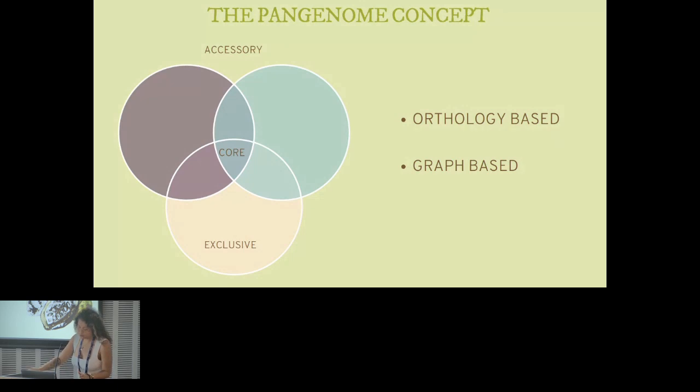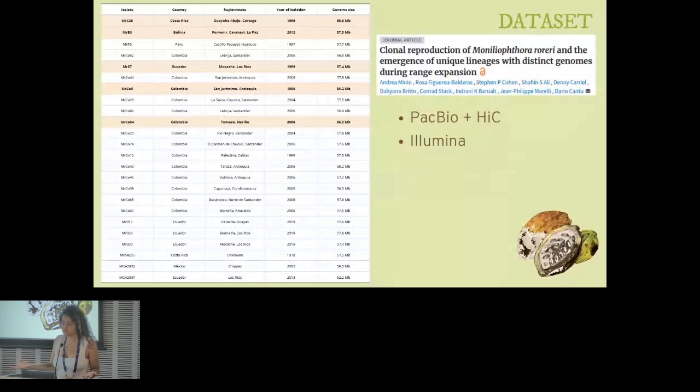So for this project, we're working with a data set that was published in 2023 by Andrea Minio et al. at UC Davis. This is actually the most complete set of genomes that we have up to date of Moniliophthora roreri. As you can see, there's not a lot of genomes for this fungus, so it's really hard to get a lot of information from it. We have 5 of those samples that were built with PacBio and Hi-C, and then we have short reads with Illumina, that is the rest of them.